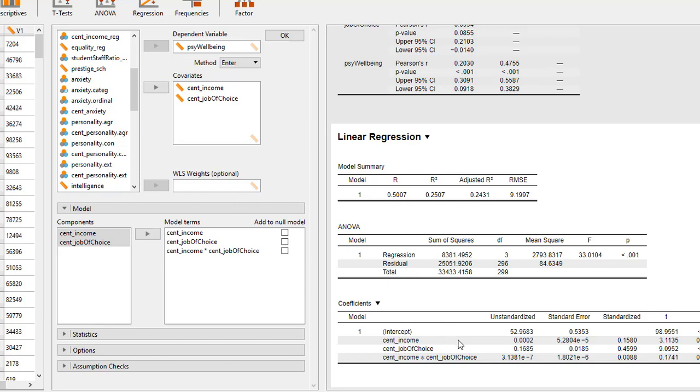So basically, let's say that we are interested in the relationship between income and psychological well-being. This relationship is 0.0002, but if the interaction is positive, which it is here, but it's quite small, what it tells us is that at higher values of job of choice, the relationship between income and psychological well-being will be a bit stronger.